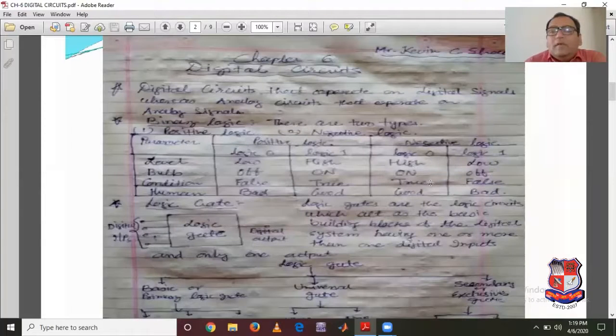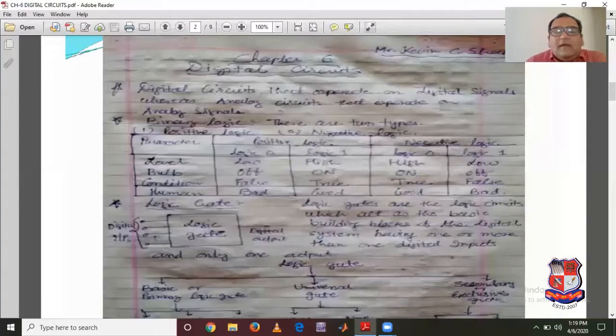But in negative logic, you observe that logic is 0 and the bulb is on. This is positive logic. So in digital circuits or logic gates, we are using positive logic.